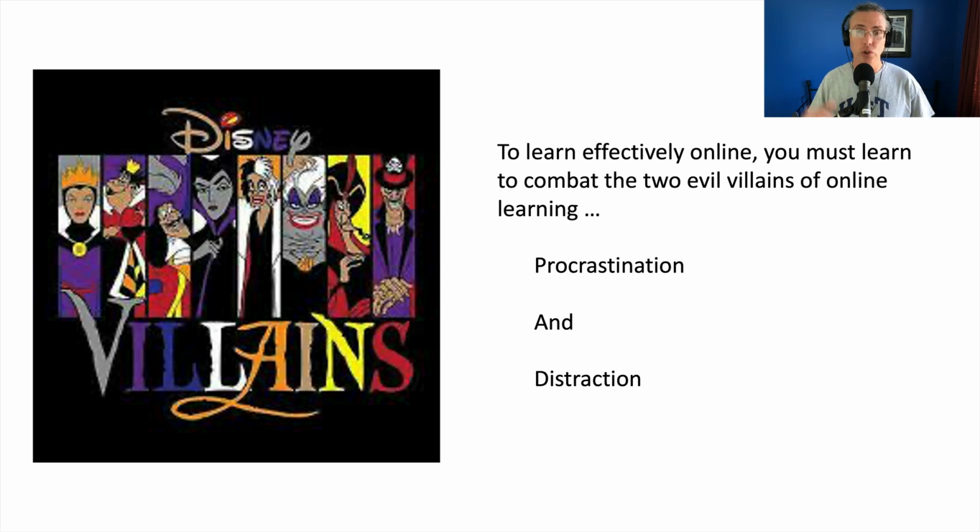You don't want to be pulled away all the time. But we know it can be very hard to just start doing something. Procrastination can be a tough villain. And we also know that once we do start doing something, it's very easy for us to get distracted.